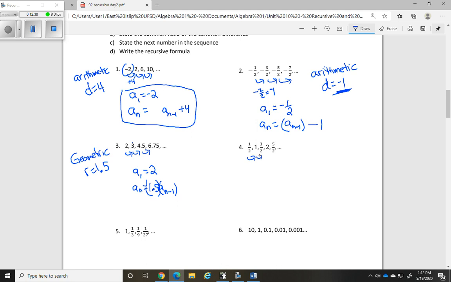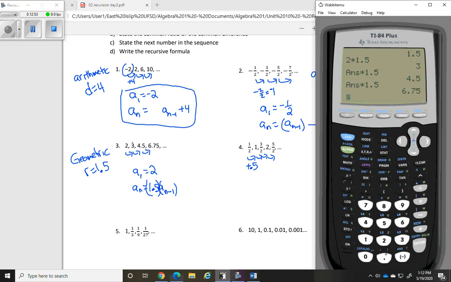So here we are adding the same number, right? We're adding 0.5. Test it just in case you're unsure. You know, a half is 0.5, so 0.5 plus 0.5 is 1, and if I add on 0.5 again, I get 1.5, which is the same thing as 3 over 2.